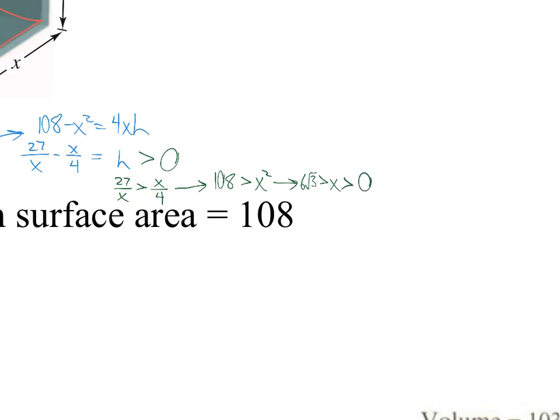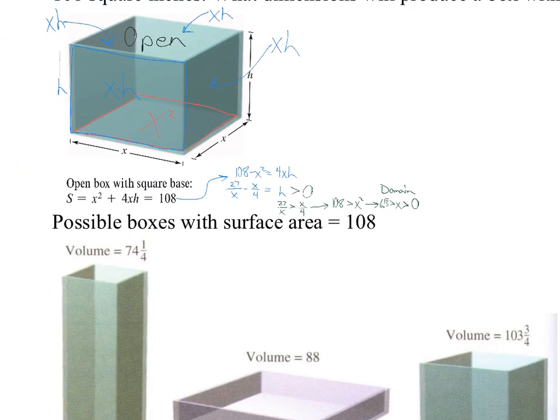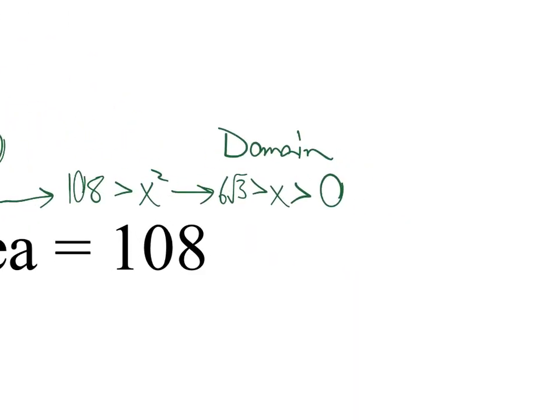So that's my domain. Not really for the function itself, but it's the domain for the situation. So oftentimes what I'll do is I'll call this the situational domain or logical domain. Based on the fact that this is real life, we have to work within the realm of reality. So this is what we've got.